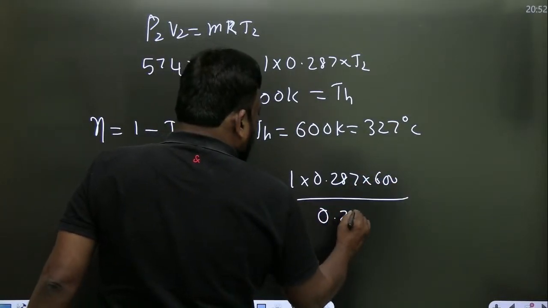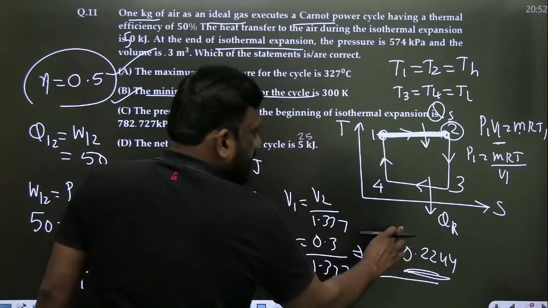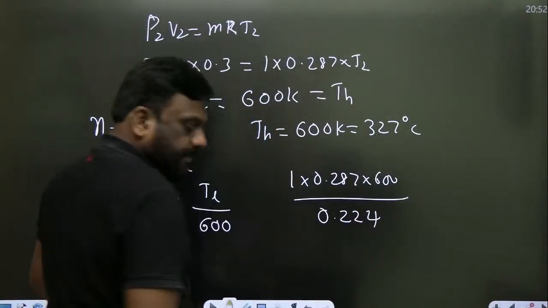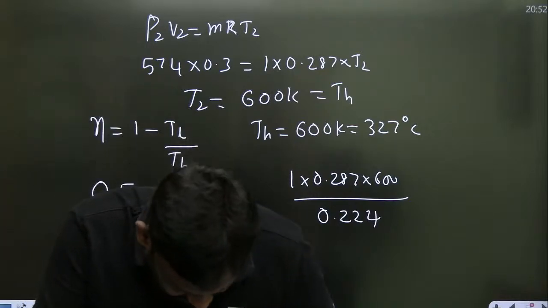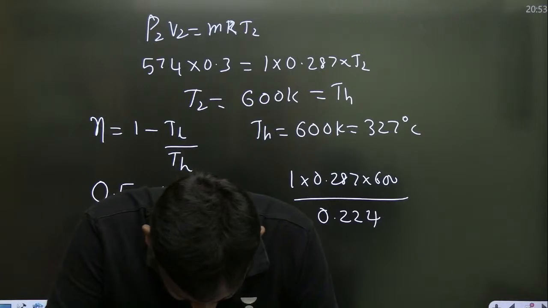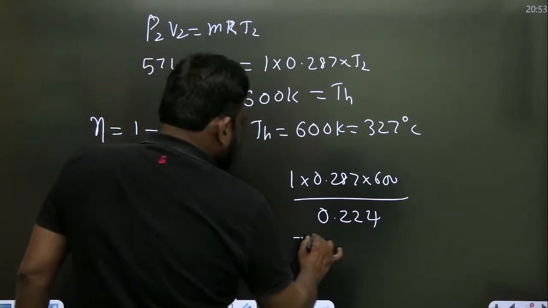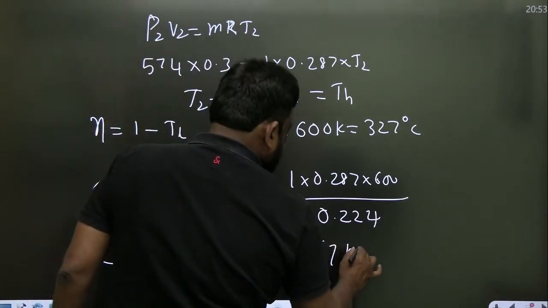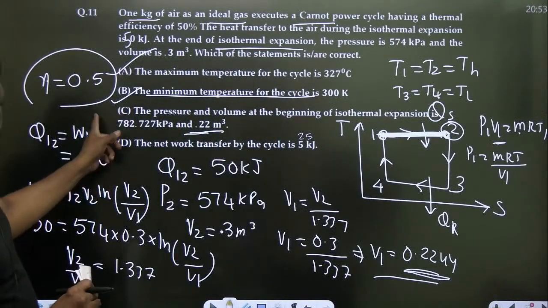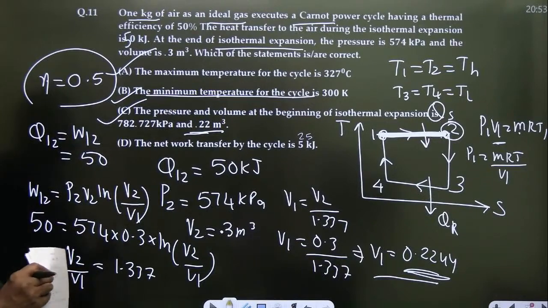What is V1? 0.2244. कितना आ रहा है सर pressure? What is the pressure sir? 768 है? Wonderful sir. 768 kilopascal आ रहा है. Yes, it is correct.